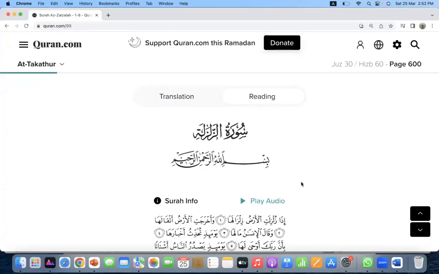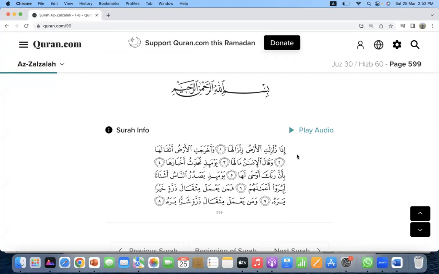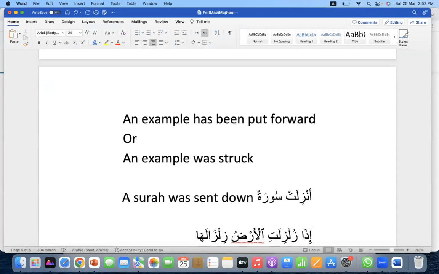Okay, you're able to see this? Iza zulzilatil arzu zilzalaha. Let me copy this verse.